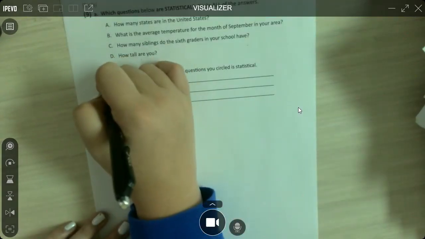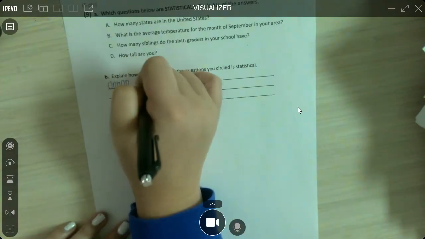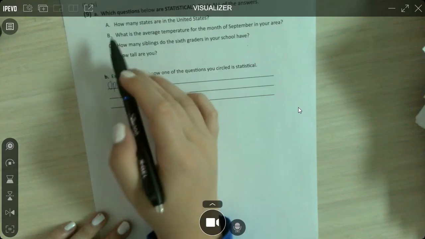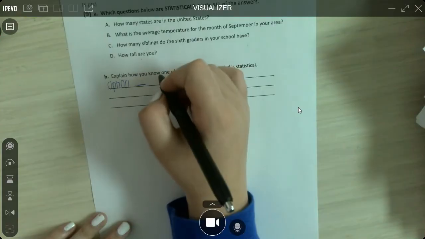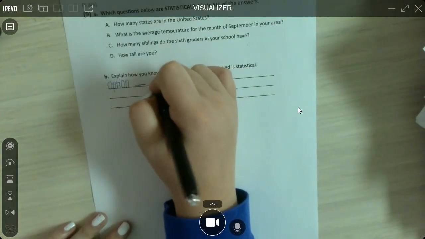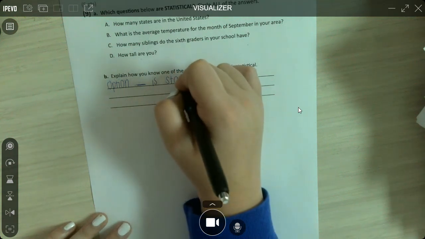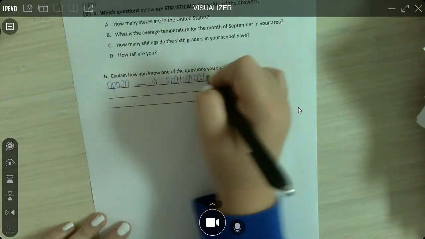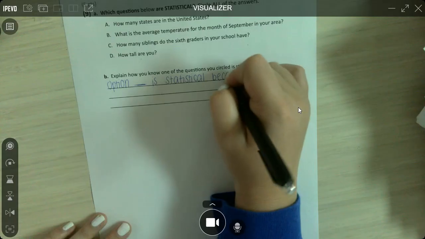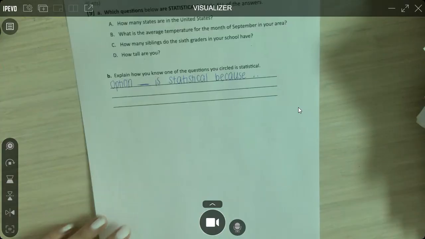So you're going to say, "Option blank is statistical because," where you're going to put option A or option B, whatever you chose up there, and then tell me why it is statistical.